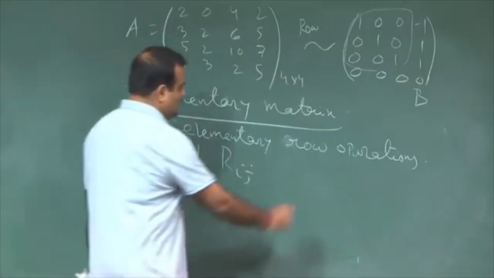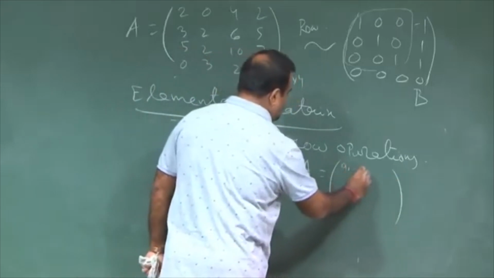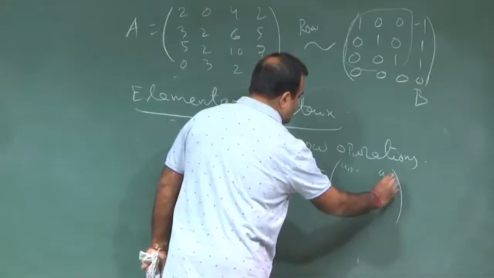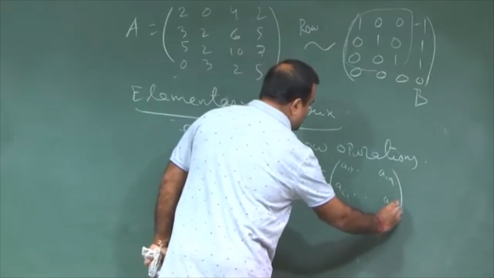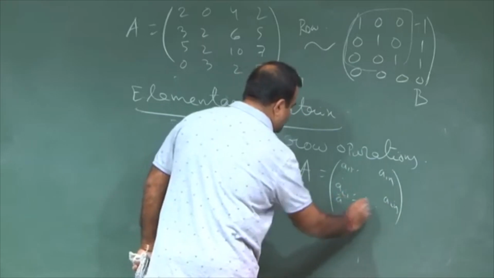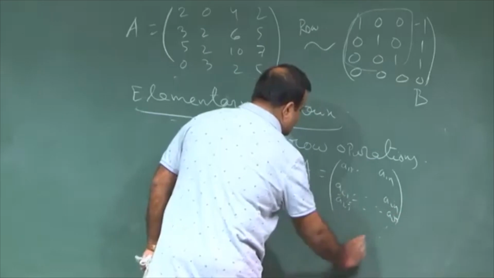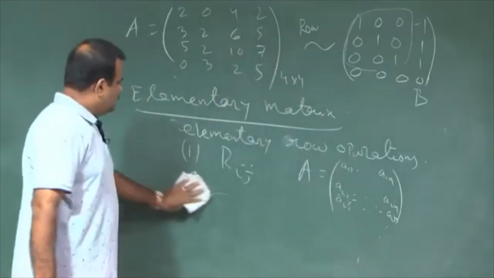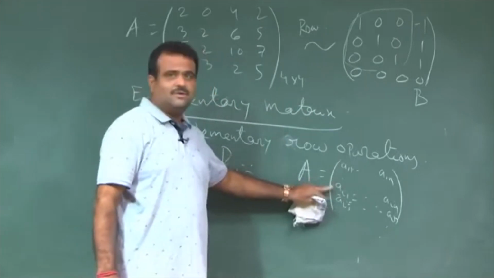We have a matrix A, and this is A11, A1n, and we have AI1, AIn, dot dot dot, AJ1, AJn, like this. Now, this operation means we are exchanging the ith row and jth row.